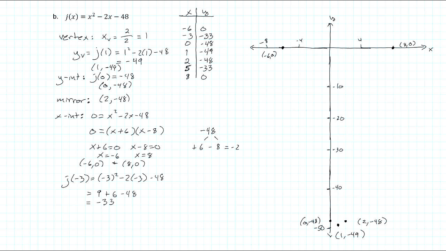And then we've got the points (-3, -33). It's here. And we've got the point (5, -33) is here. Now, we could add in some more information, but I think we've got enough points here. We've satisfied the requirements of the question, and I think if we're just real careful, we want to make a nice U shape through all of these.